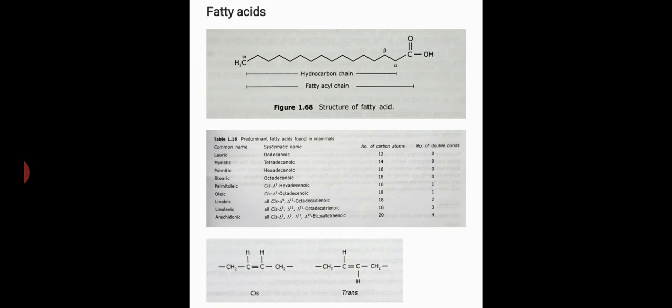Fatty acids are the simplest form of lipids. These are long chain hydrocarbons, around 4 to 36 carbons long, with one carboxyl group. In biological systems, fatty acids contain an even number of carbon atoms.